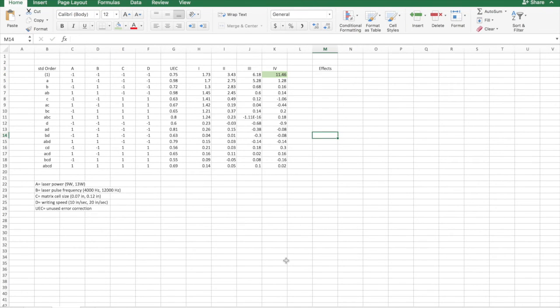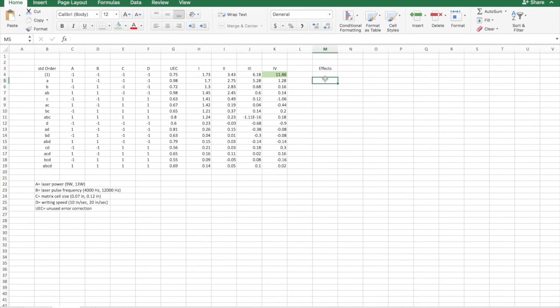The formula for the effects is the contrast, which are these numbers, divided by n, which is the number of replicates, times 1/2 to the k, where k is the number of factors. So n equals 1 because we have only one replicate, it is an unreplicated design, and k equals 4 because we have 4 factors.